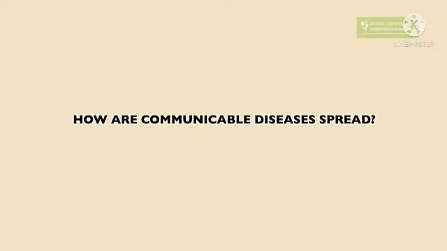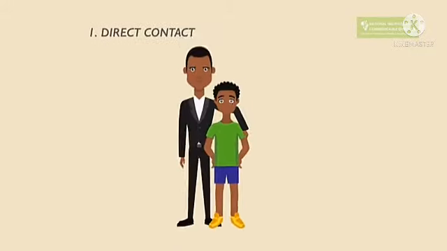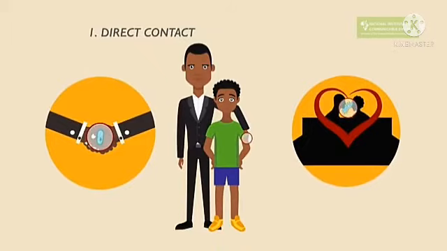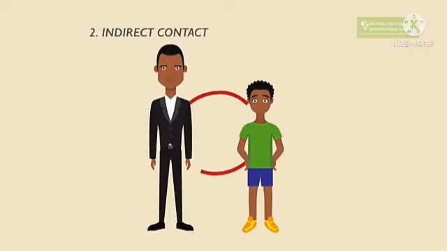How are communicable diseases spread? They are spread through number 1, direct contact, and number 2, indirect contact. In direct contact, the disease is spread from one person to another when they come together in contact, while indirect contact can be spread from a distance.